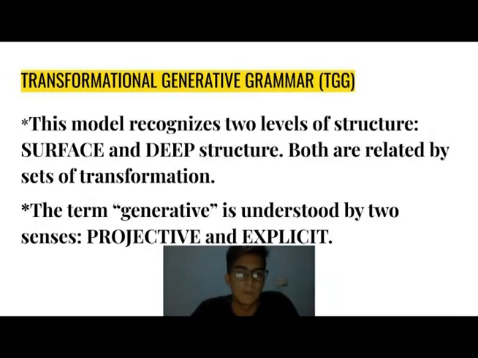About the reasons that we can use transformational generative grammar. One of them is explicitness, because for each step in deriving surface structure from deep structure, an explicit rule must be formulated.